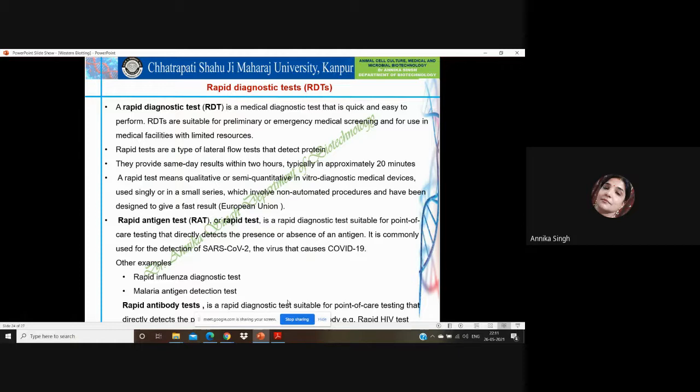So there are two types of rapid diagnostic test. One identifies the presence of an antigen, known as the rapid antigen test, which can be defined as a rapid diagnostic test suitable for point of care testing that directly detects the presence or absence of an antigen.